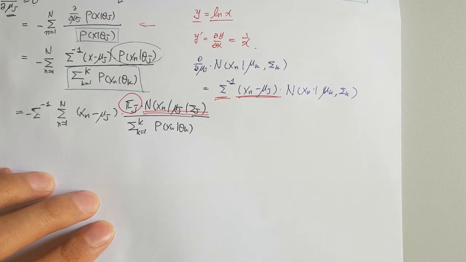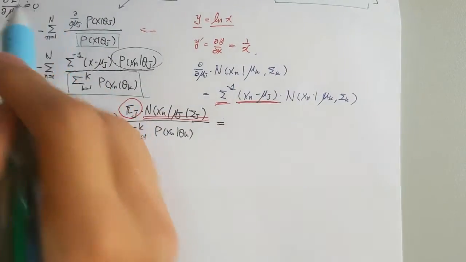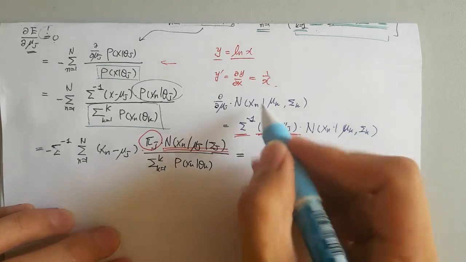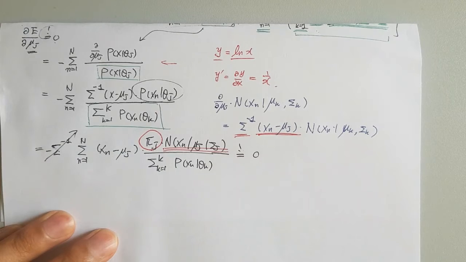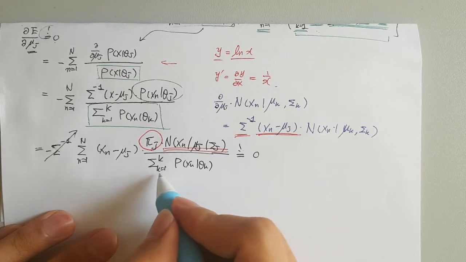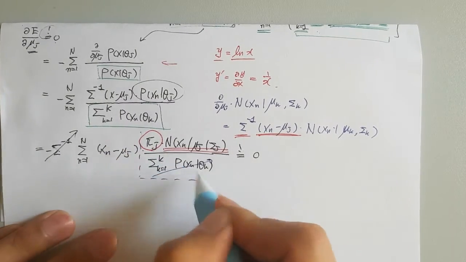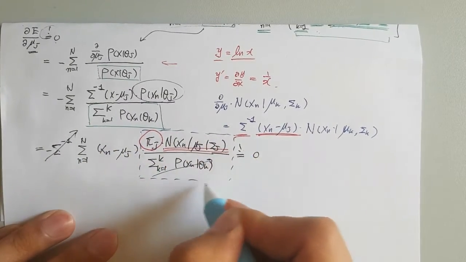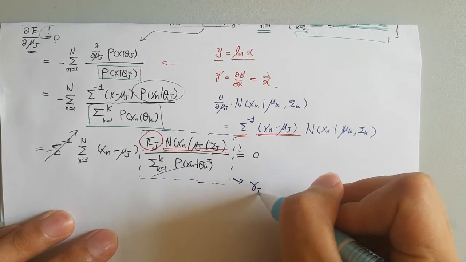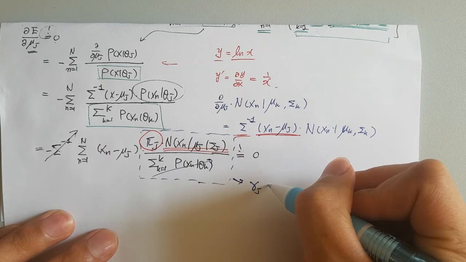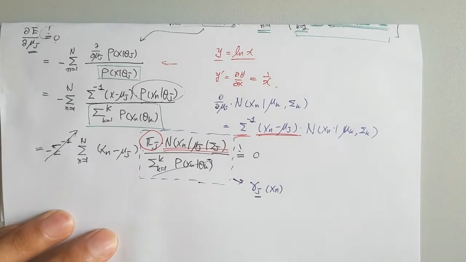Alright, as we discussed, we are going to find 0. This acts as a really important factor, so we will call it the responsibility of distribution j on data xn.